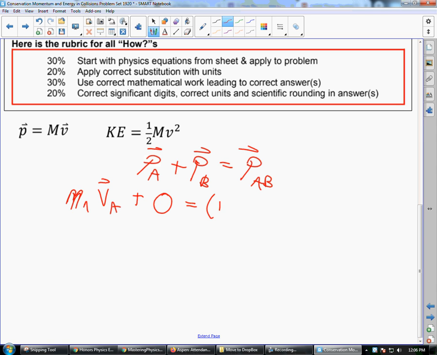Equals the mass of A plus the mass of B, whatever velocity AB has. Now I've got to keep in mind that these are based on velocity, where kinetic energy is based on speed. So it's important that, especially in other ones, I recognize that. So now I can solve. I can put in and solve, right?